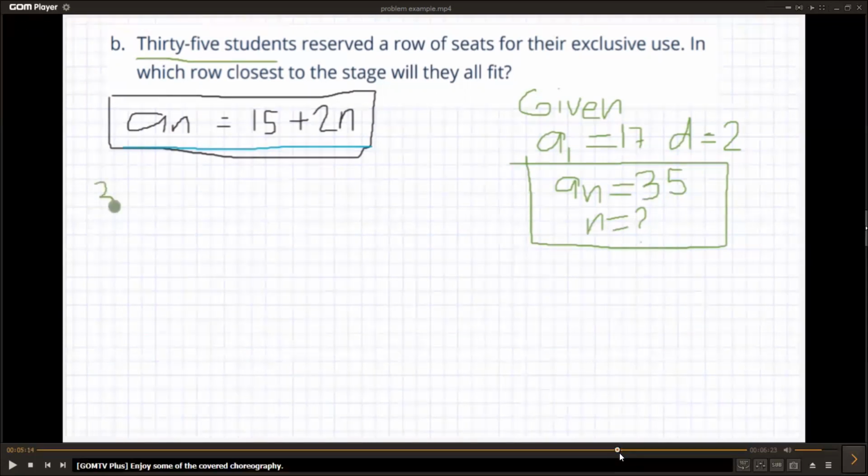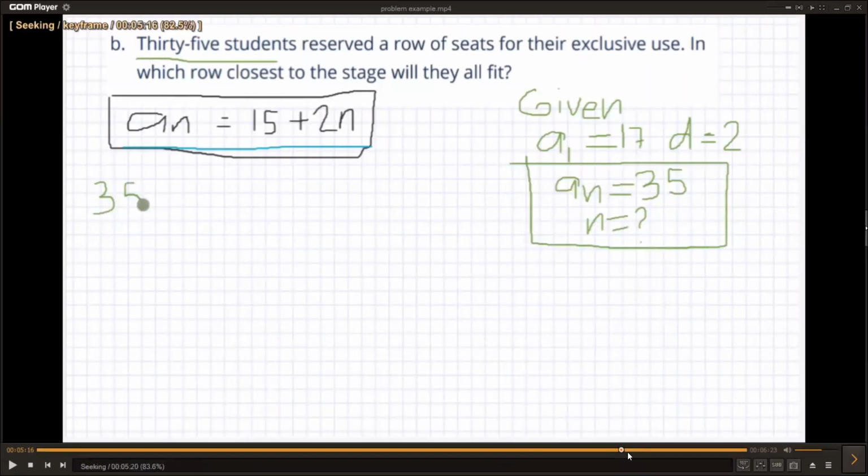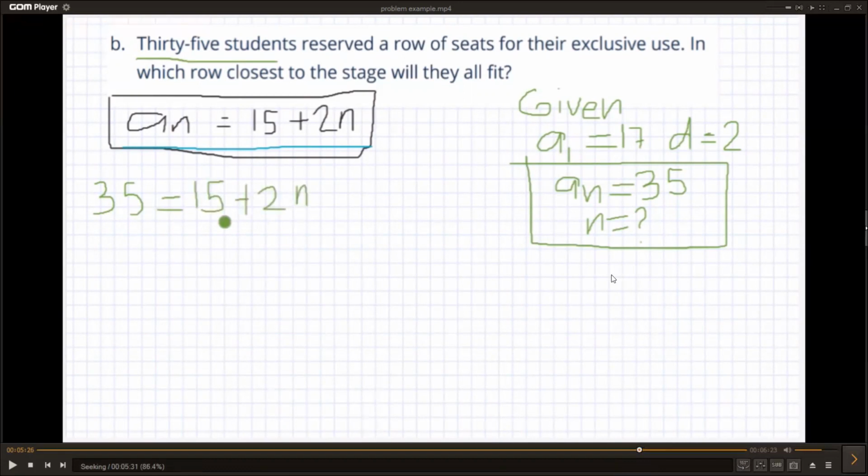To get which row they all fit, we substitute: our nth term, a sub n, is 35. Then we have 15 plus 2n. Again, we do not know yet what position 35 is, so that's why it's an unknown variable. Using this new equation, we can now identify the position by working on the equation.